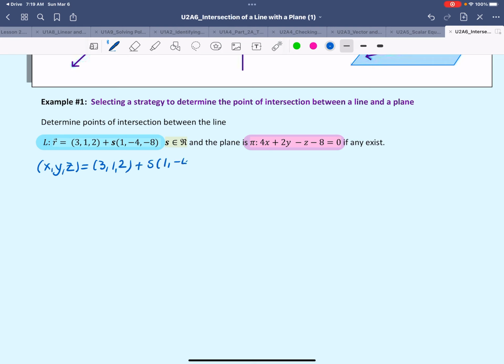And for this, we're going to start off with identifying the coordinates of any point on this line, which will be, remember, x = 3 + 1s, y = 1 + (-4s), and z = 2 + (-8s).